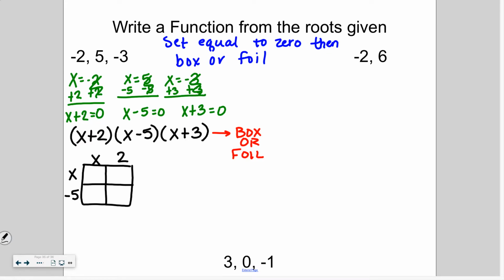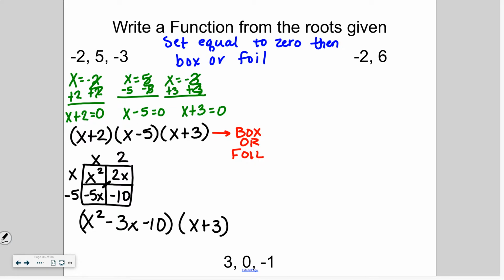Okay? So I have x squared, I have 2x, -5x, and then I have -10. Combine the two that are diagonal. So x squared, 2 minus 5 is a -3, and then -10. So that's from multiplying the first two, and then I have x plus 3.